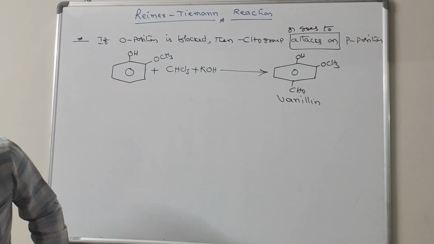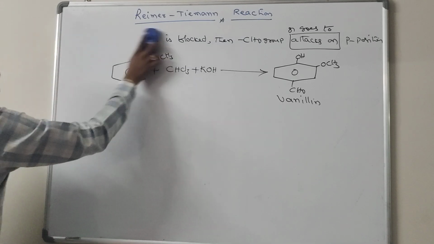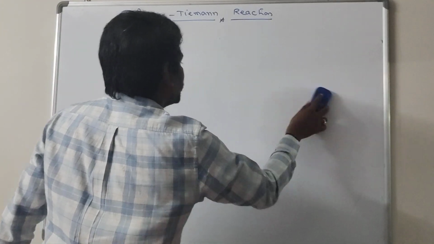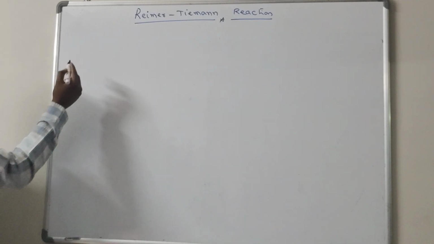This is one more important point. What happens when the para position is blocked? Very important point. Cyclohexadienones are formed.